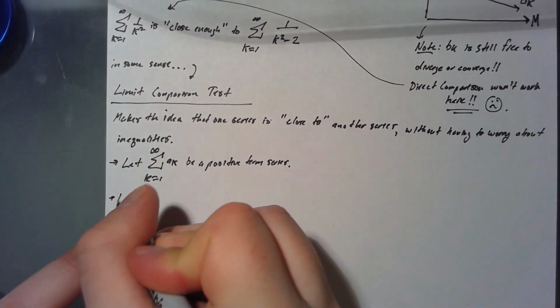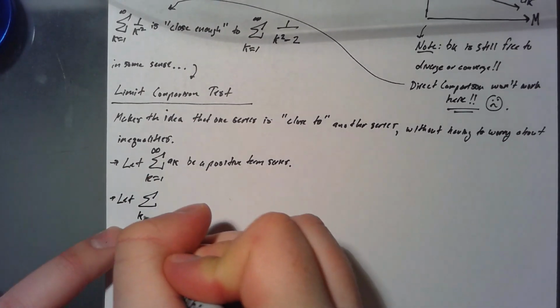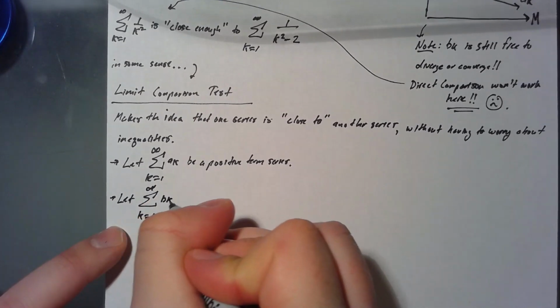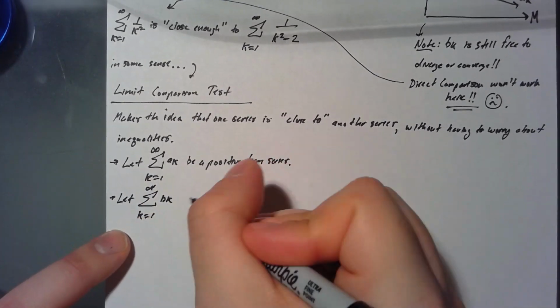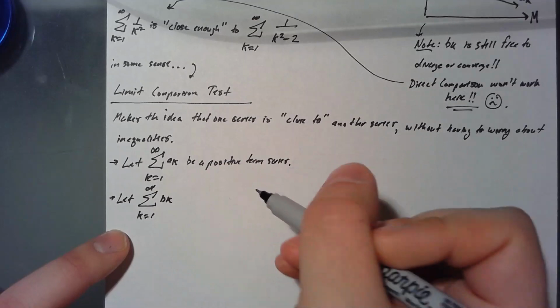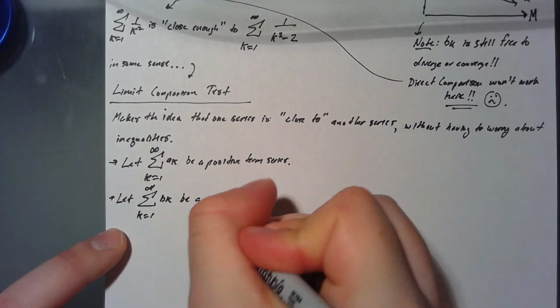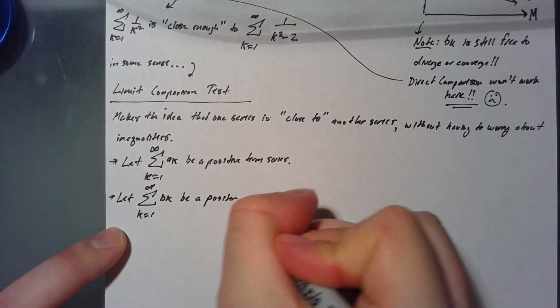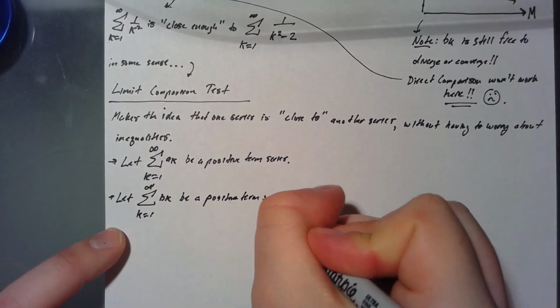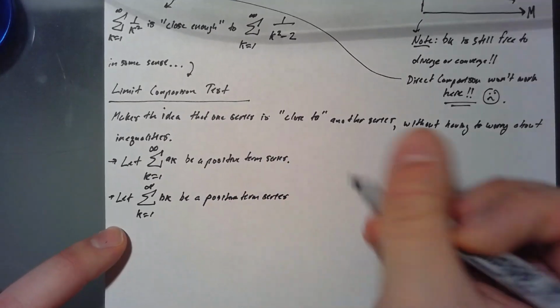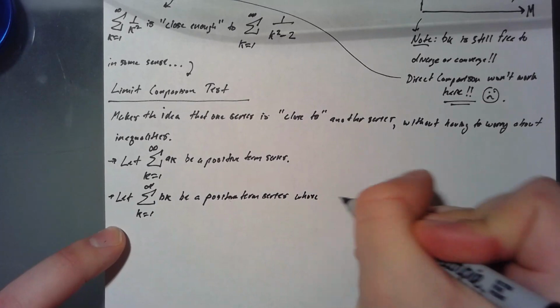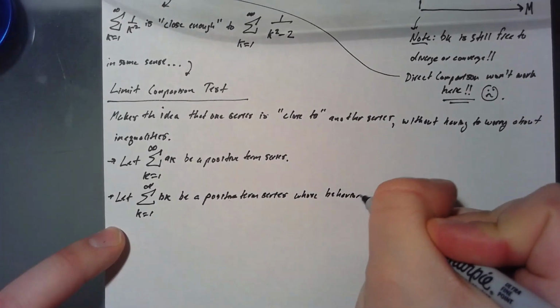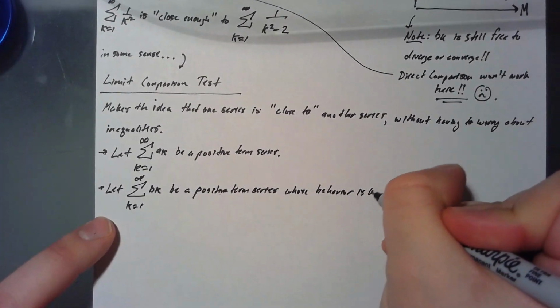And I'm going to let another series, I'm going to call b of k, be a positive term series whose behavior is known.